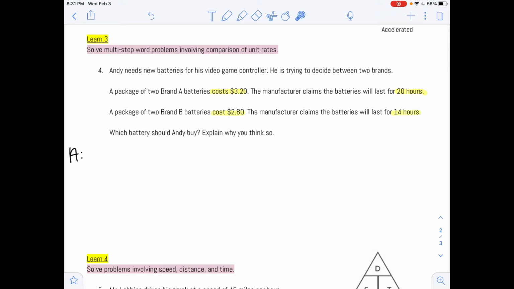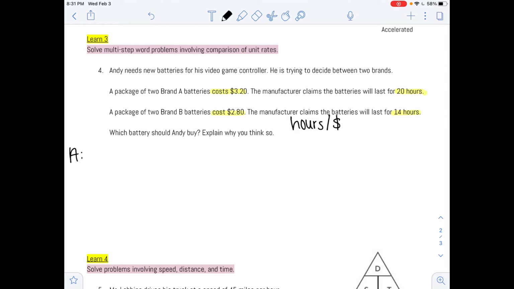The question's asking us to decide which battery Andy should buy, and then think about why your answer is what it is. So, in considering this situation, we want to compare our hours of battery life to the dollar, figuring out how many hours of battery life per dollar each brand of battery will receive.